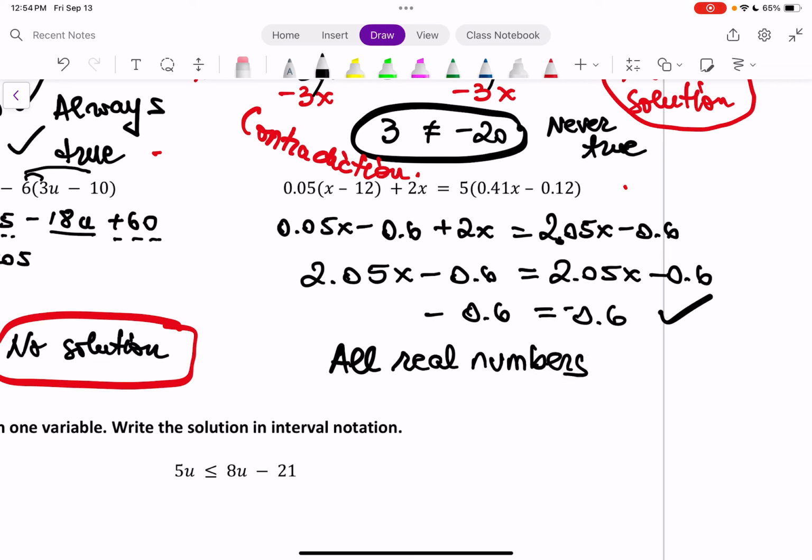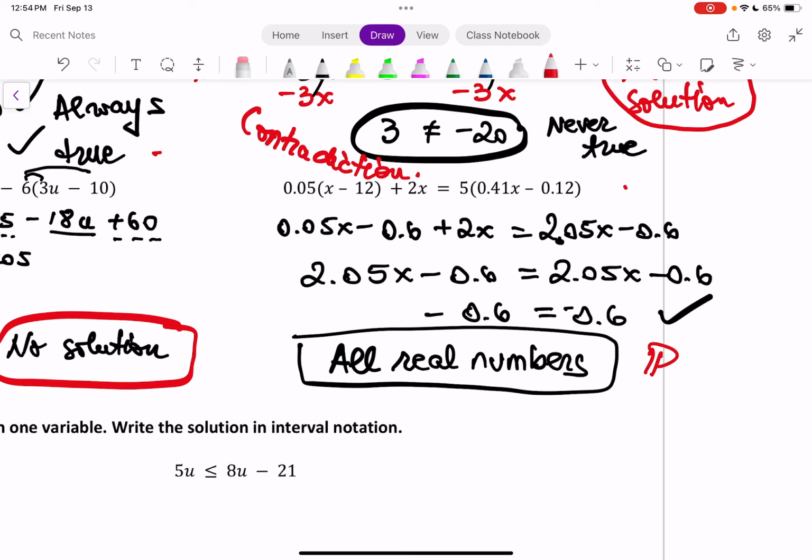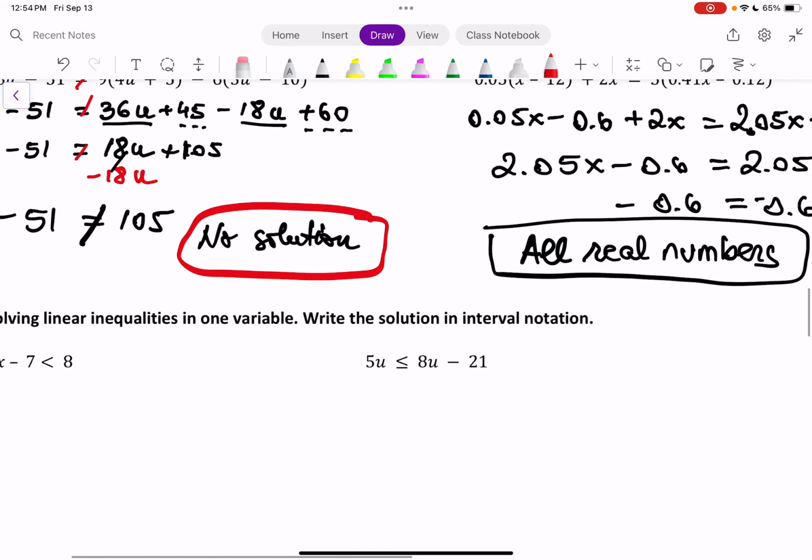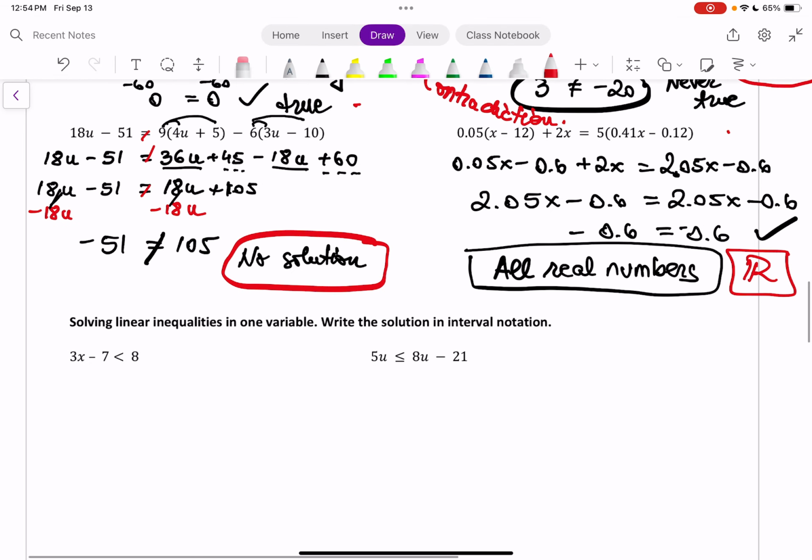And again, if you do not like to write all of this, you can just write the symbol for all real numbers. So we practiced very much how to solve linear equations in one variable. I know you've done these before in your math classes, but here was a little review, if anything.